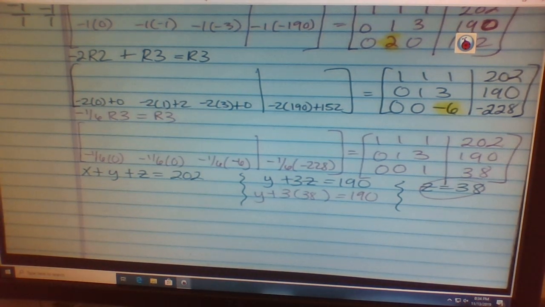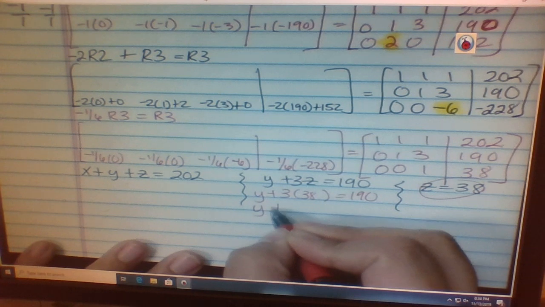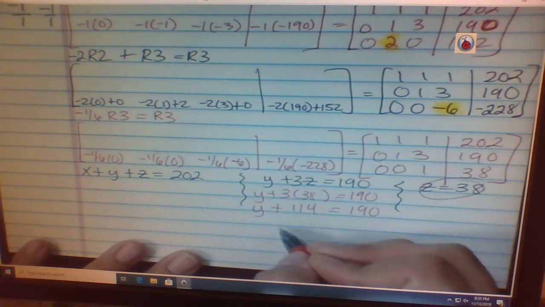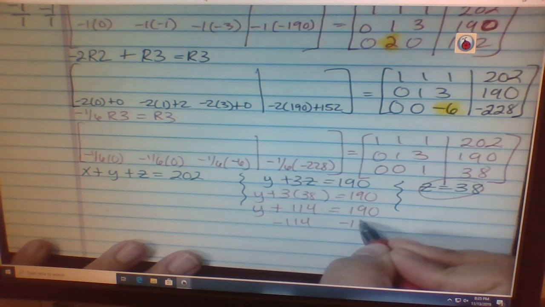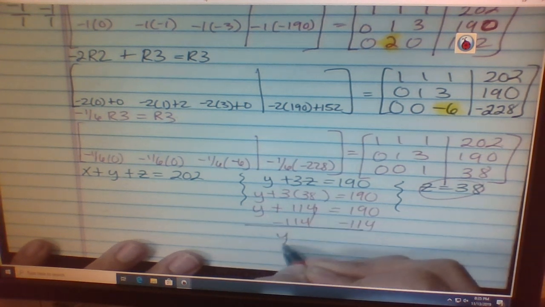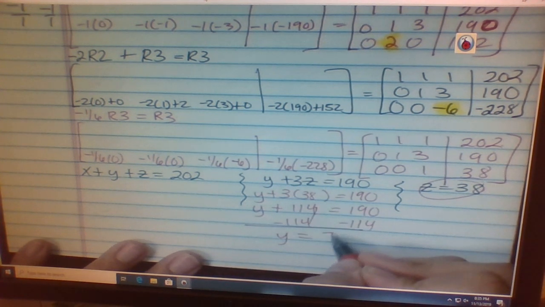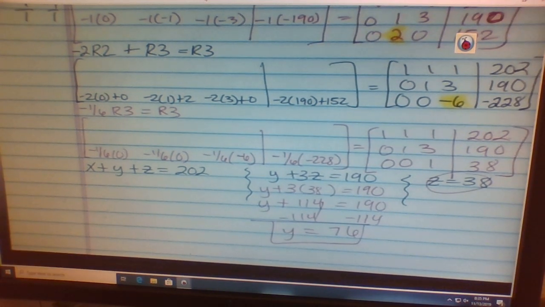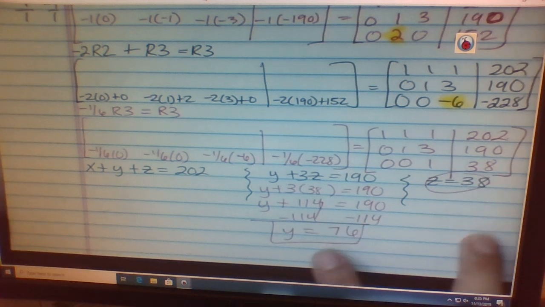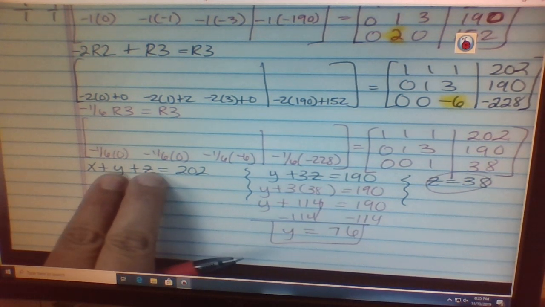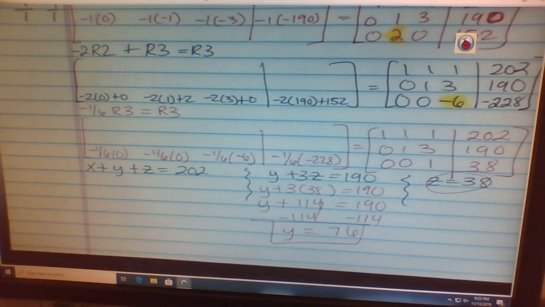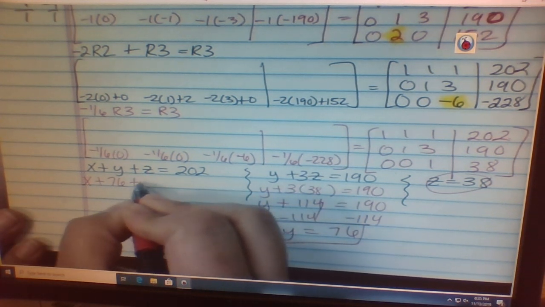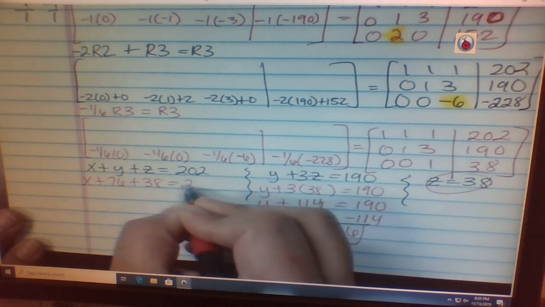What's 3 times 38? 114. So what do I do to solve for y? 190 minus 114 is 76. So we already found two answers. I take both of these and bring them over here. So this becomes x plus 76 plus 38 equals 202.